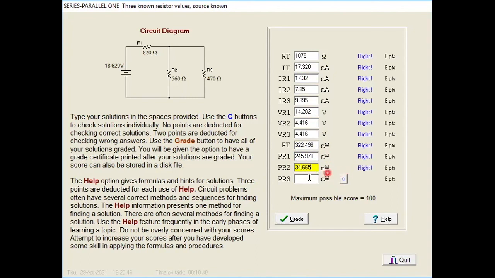And finally, PR3 is VR3 times IR3, and that equals 41.488 milliwatts. How do I know I did it right? Because this plus this plus this, PR1, 2, and 3, should add up to power total of 322.498 milliwatts.